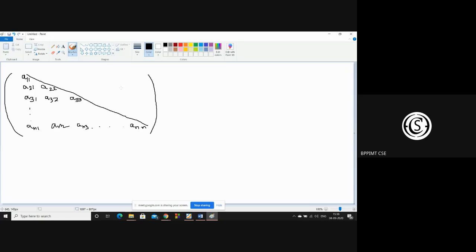Now, what is a sparse matrix? In a sparse matrix, most of the entries are 0. A sparse matrix can be divided into two parts: triangular matrix and band matrix. Triangular matrix means lower triangular matrix or upper triangular matrix.